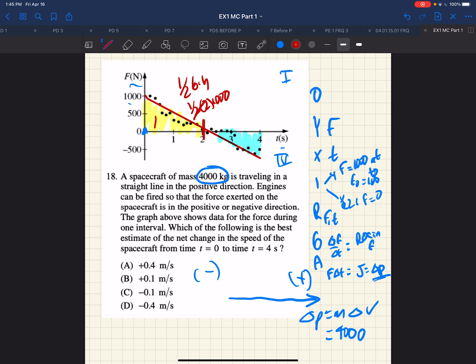So that's 1,000. And afterward, we have 2 seconds and 500. So 1/2 base times height is 1/2 times 2 seconds times 500. So we have about 500. So we're looking at about 500 as the delta P.